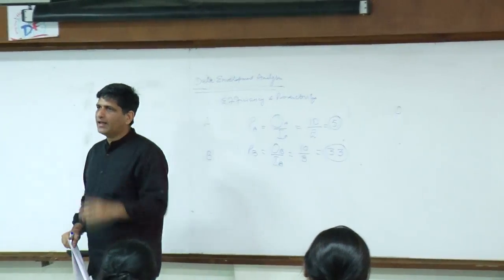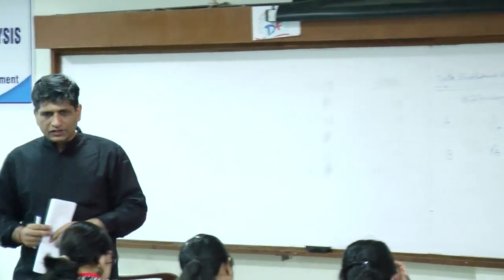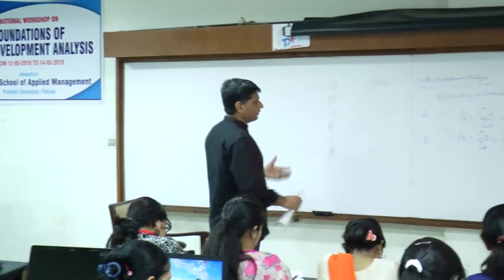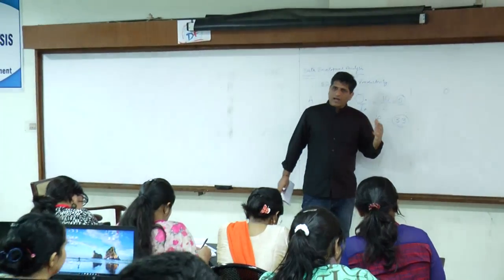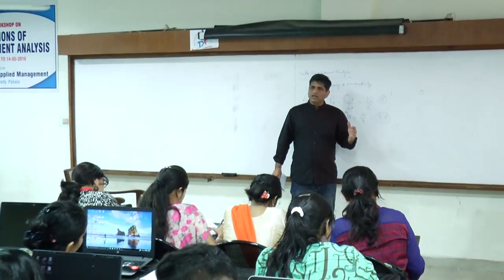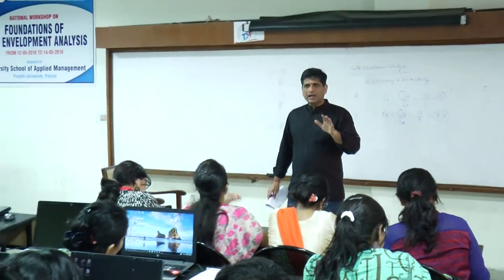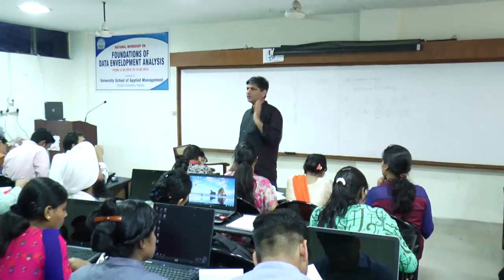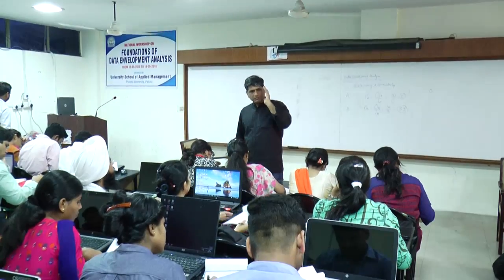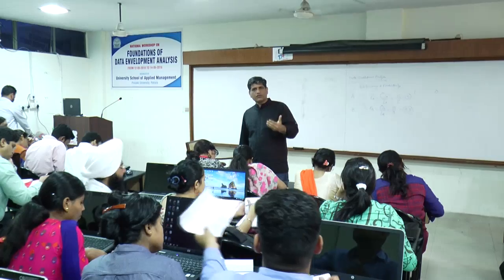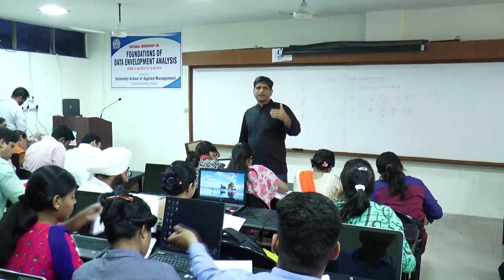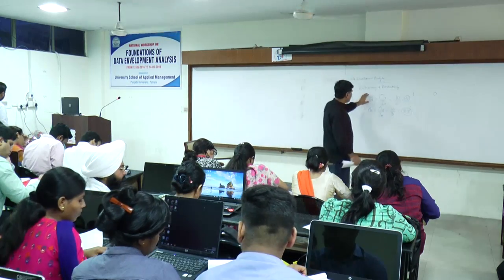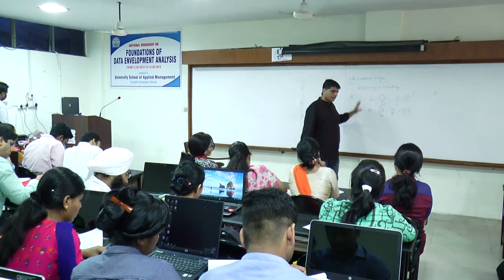Then I can say that firm A is more efficient than B. The idea is very simple: productivity is an absolute concept and efficiency is a relative one. If you keep this in mind, it will be easy for you to understand or interpret such things. You are getting it. Productivity of A and productivity of B.